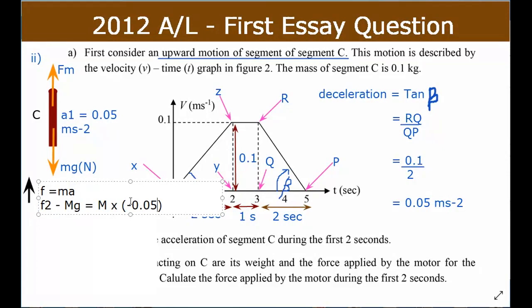Because it's a deceleration. This capital M is 0.1 kilogram. I think you can do the rest and find the value of F2. F2 is the new force given by the motor to the segment C. Start there, find the value of F2 and send your answer to my Zoom chat.